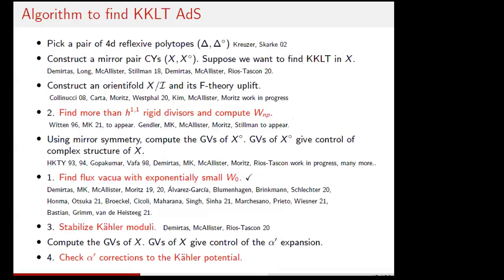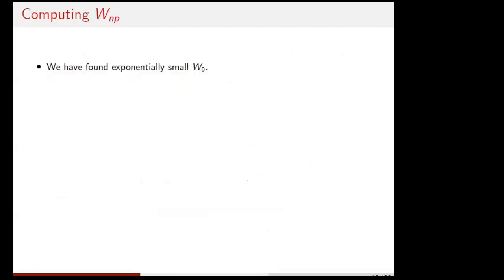Okay, now let us talk about computing the non-perturbative W naught. Some people may not like the name W naught, but let me just say we have arranged the racetrack for the complex structure moduli stabilization, and we want to complete the superpotential by including non-perturbative superpotential terms.